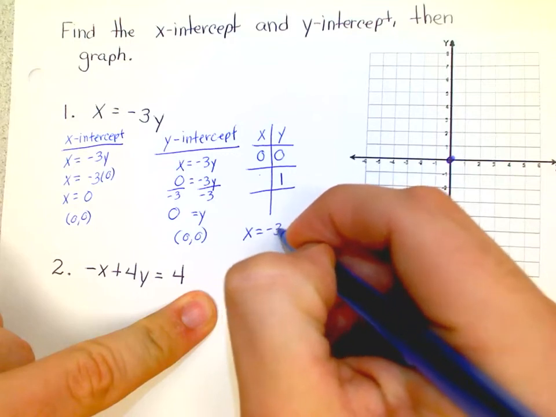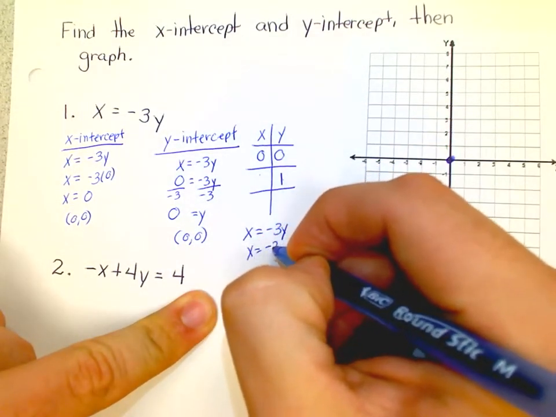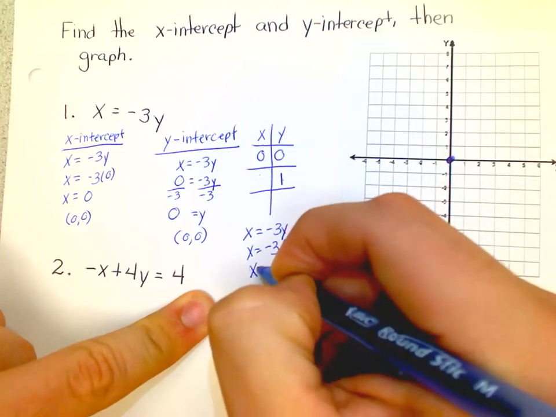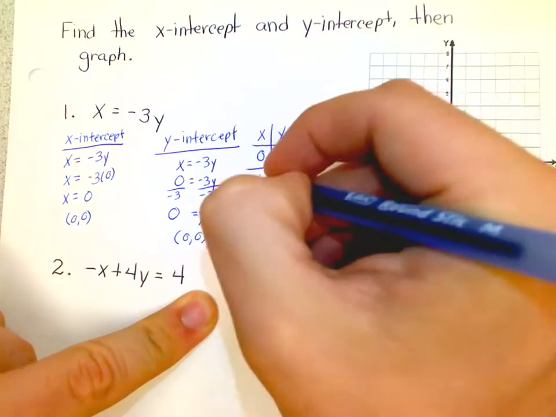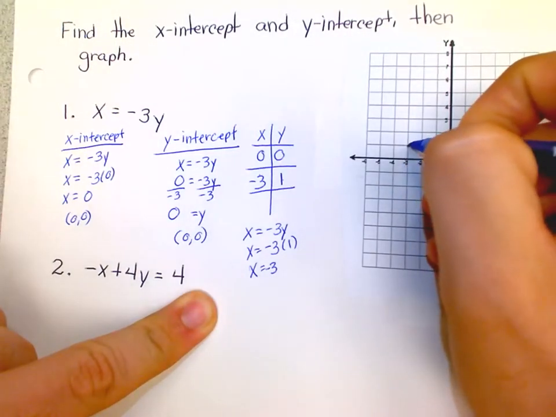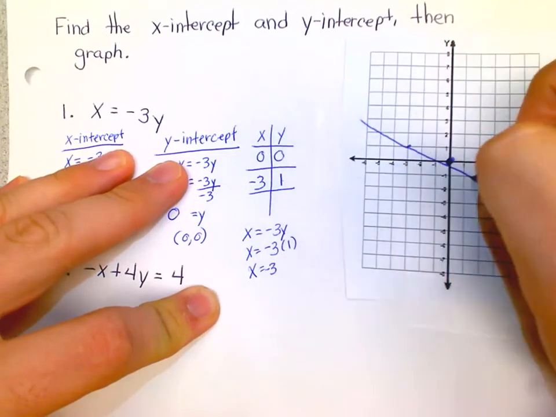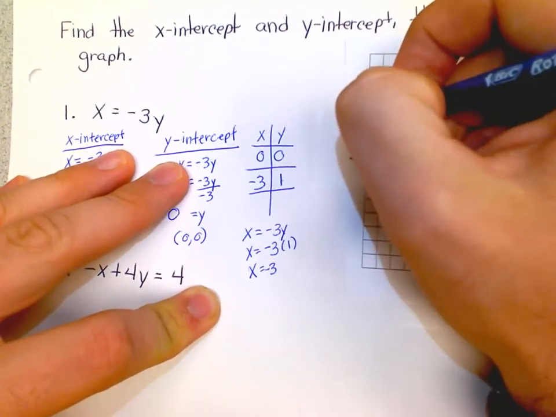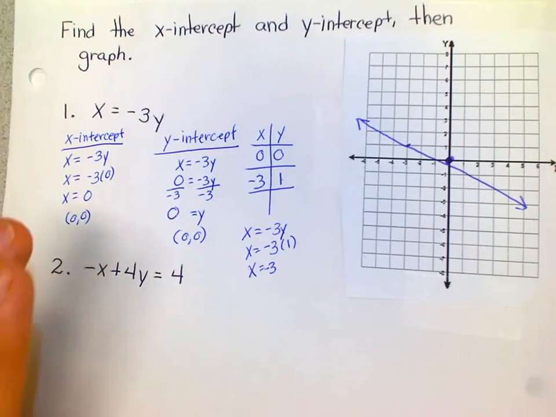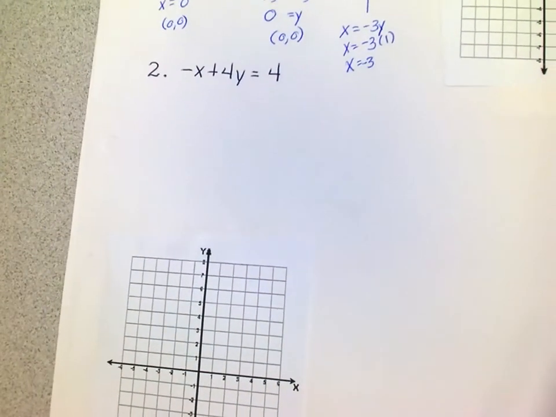X equals negative 3y. Let's plug a 1 in for y and solve for x. And what we have is x equals negative 3. So there's our point. We could graph it right here. We have 2 points, so roughly that is what that line would look like. We could not use the intercept approach because we only yielded 1 point using both intercepts. But we should be able to use both x and y intercepts to solve number 2.